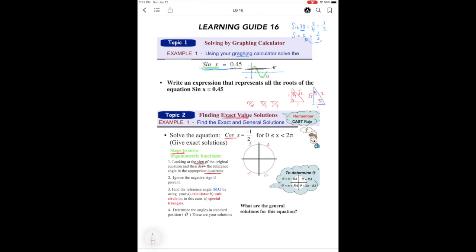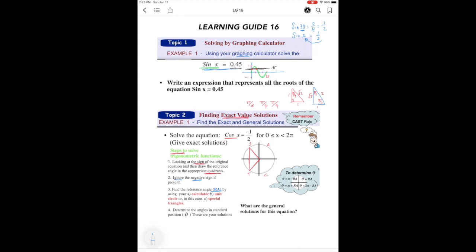So we know that quadrant 2 and quadrant 3 are where cos is negative. Now, ignore the negative sign. It's only used to find the location of the quadrants, and then you ignore it after that.